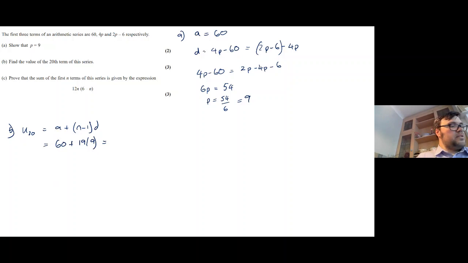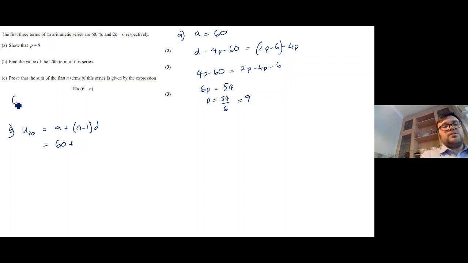Actually, I'm going to apologize. Before I move on any further, I need to work out what d is. P is 9. And again, there's one of your mistakes.